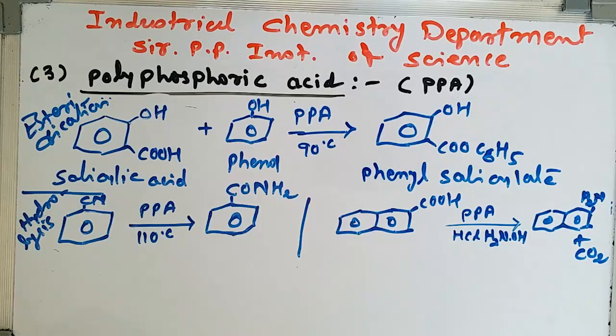These are very important. Polyphosphoric acid can be used in esterification, nitration, and hydrolysis. Okay, thank you.